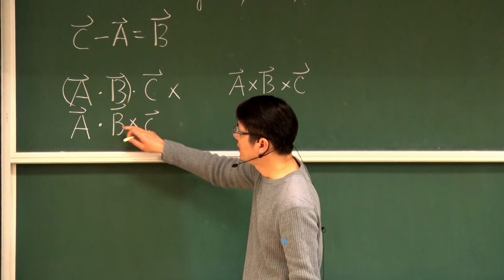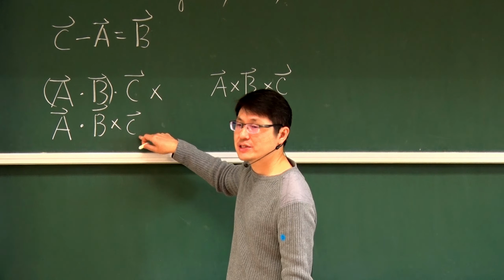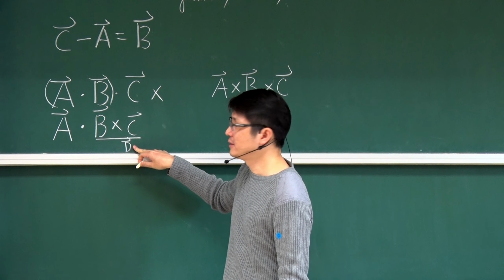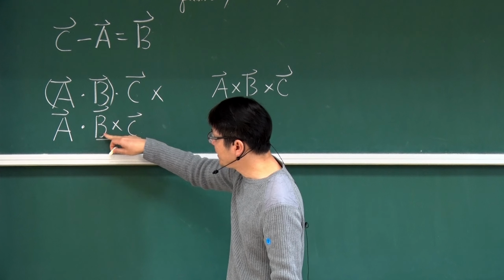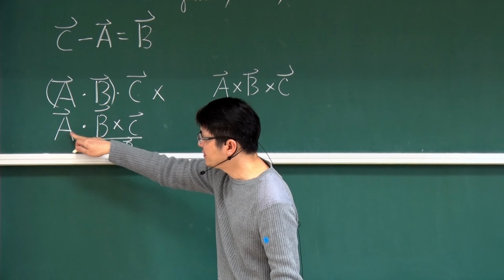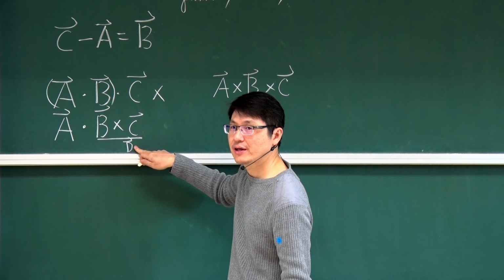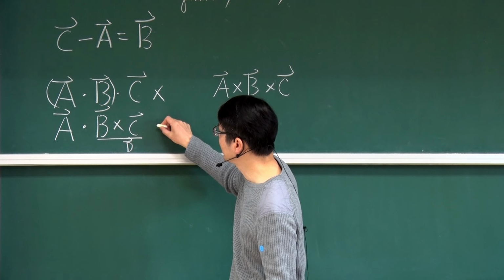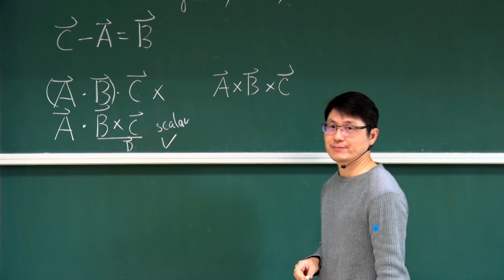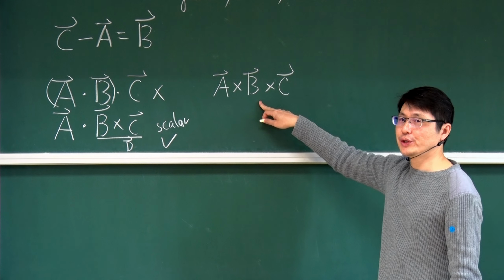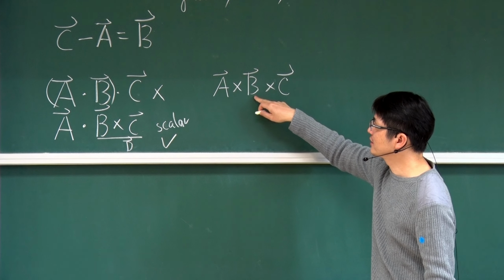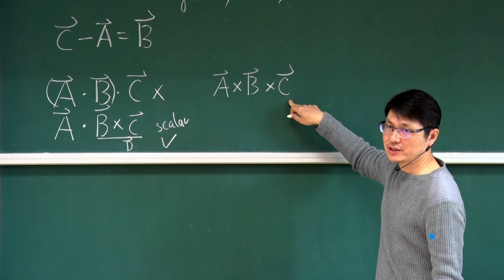Second one, B cross C, call it D, is a vector. B cross C gives me a vector. So I now have a vector making a dot product with another vector, which gives me a scalar. So this is yes. Third choice, three different vectors making cross products.